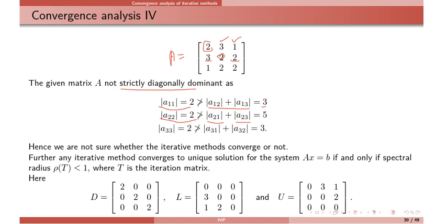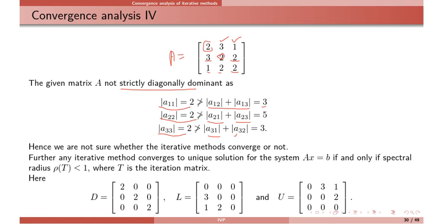For the third equation, A33, which is 2, should be greater than A31 plus A32, these two entries, 1 plus 2 in modulus. So you can check that this matrix is not strictly diagonally dominant. Even if this condition fails in any one of rows 1, 2 or 3, we say that this is not strictly diagonally dominant. So we are not sure whether we can apply the method or not by using that dominance result.